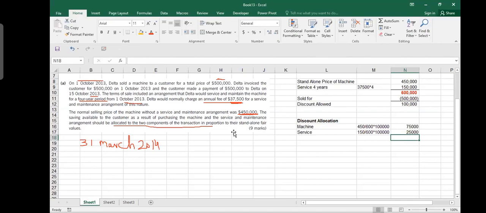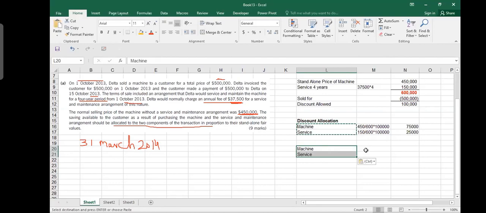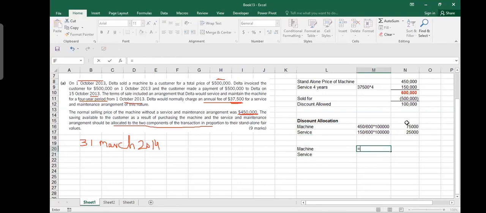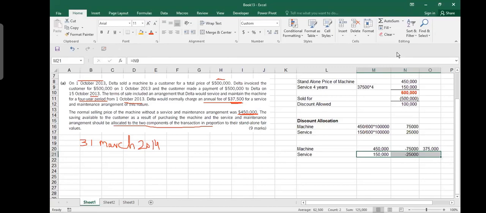Now we can say that, let me put it, actually I could have done it in a better format, but let's do it like this: 450, and service is 150, and discount is 75 into -1, and here the discount is into -1, and I can say that the net revenue which you can consider is like this.